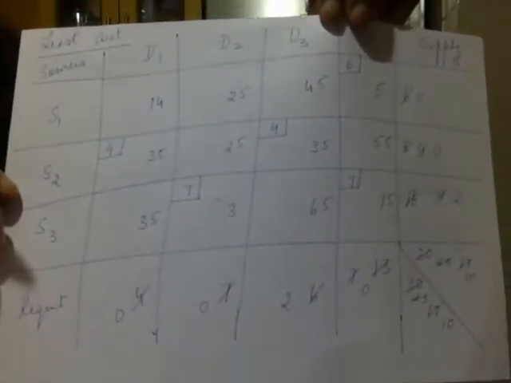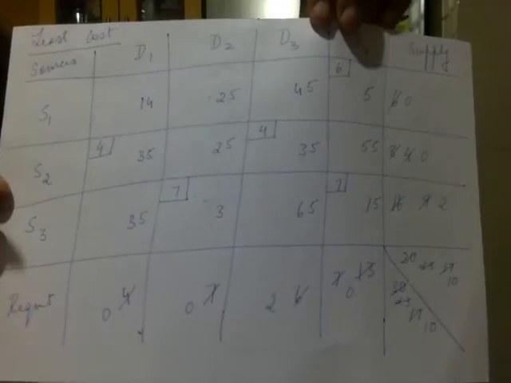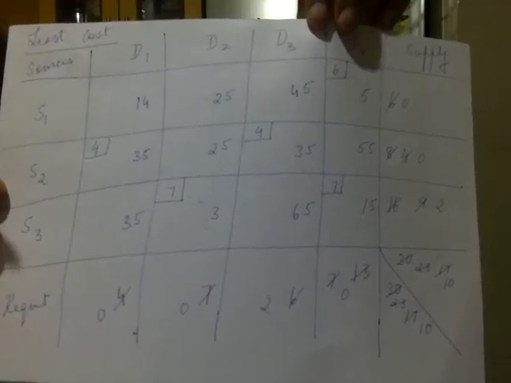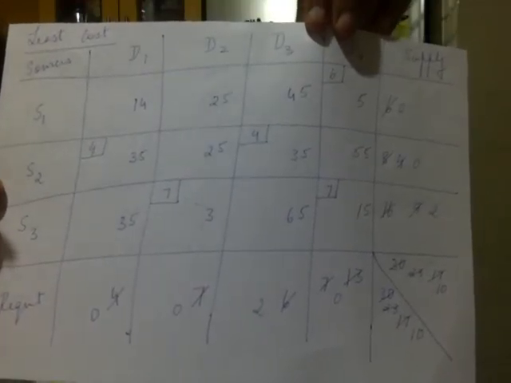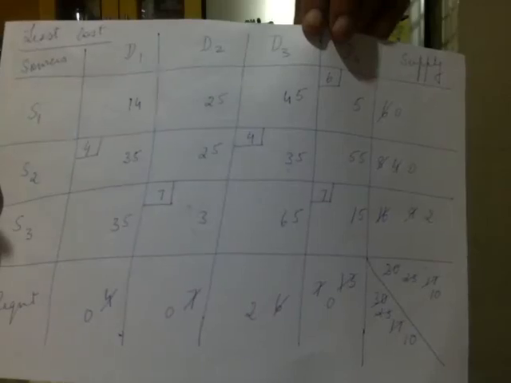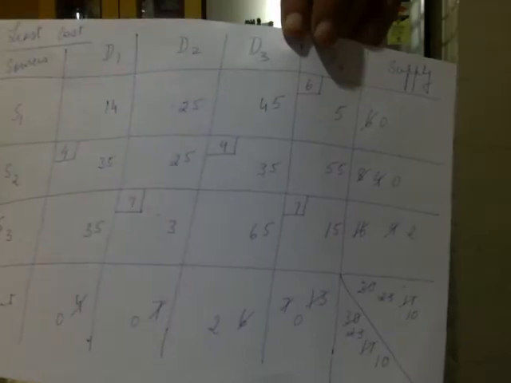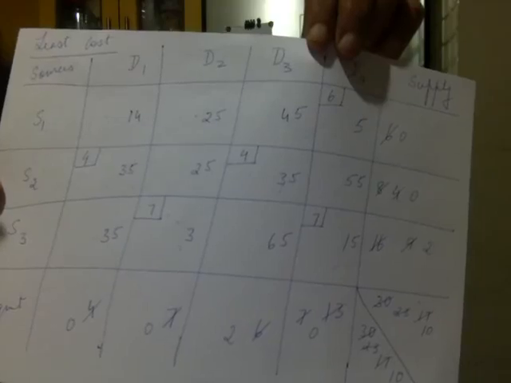Alright? Now we have no requirement for D1, D2 and D4. Supply S1 and S2, no supply. S3 we have supply units 2. Similarly for D3 the requirement is 2.